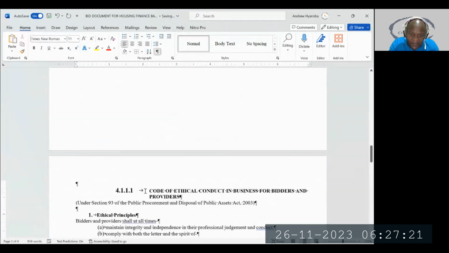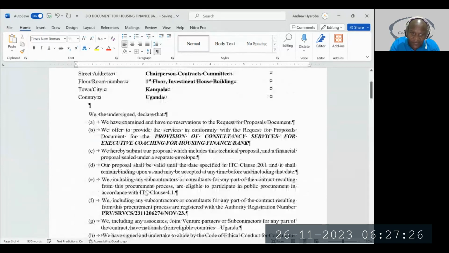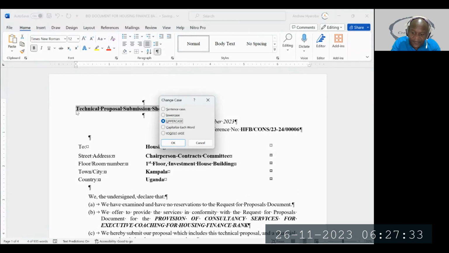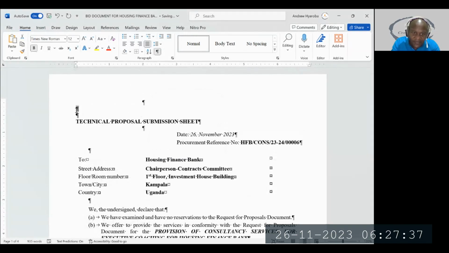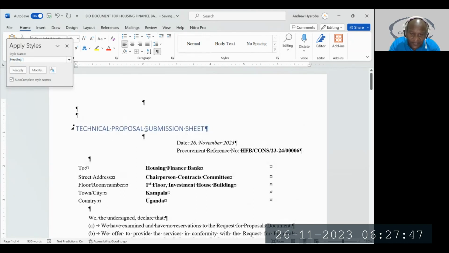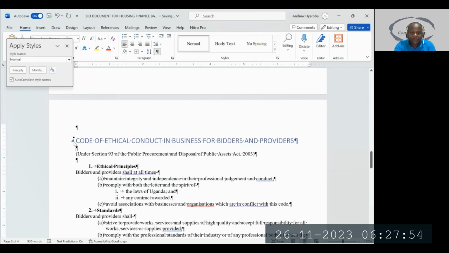And because we will be using our own table formatting, this shall be uppercase. Then I'll just do that. Don't worry, those are what we call non-printing characters. I'll make that heading, and then the code of ethical conduct. I'll make it a heading as well.